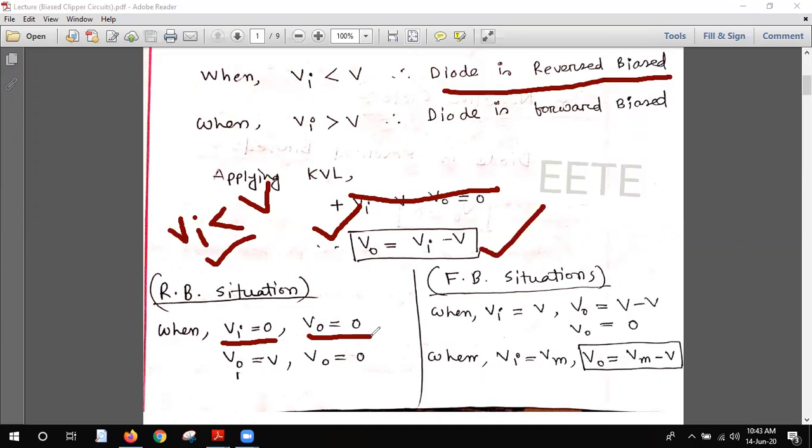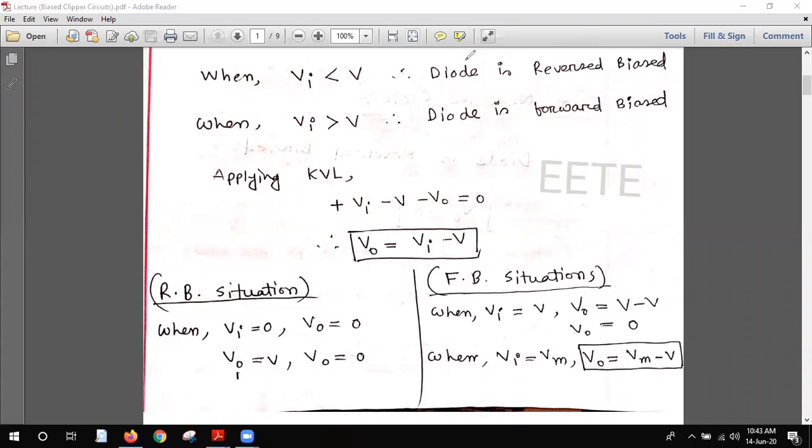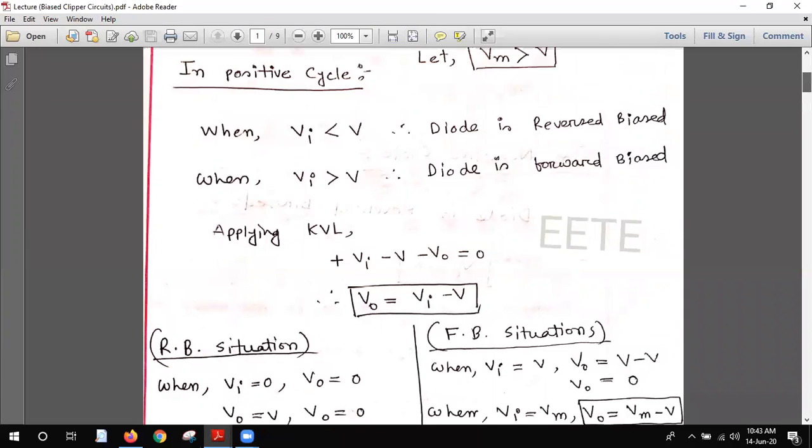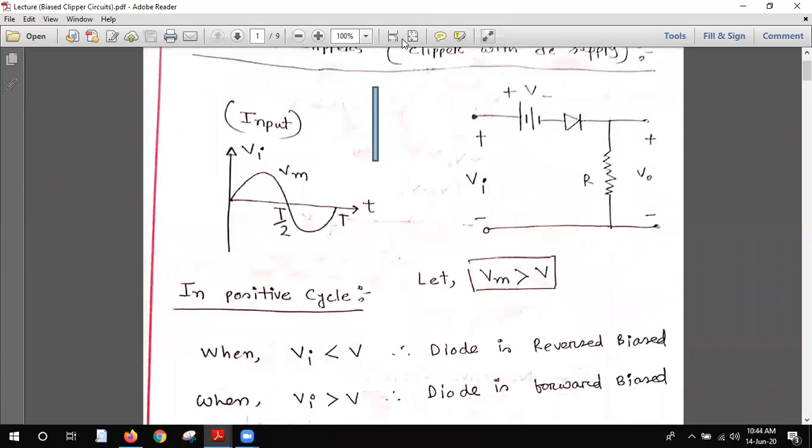For the reverse bias situation, let me go to the diagram so you can see. The diode becomes open. When the diode becomes open, there will be no current flowing.